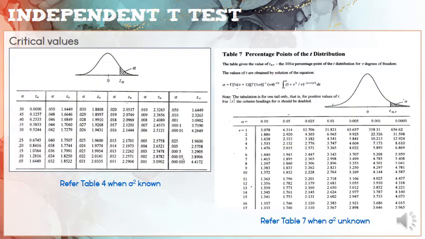You can find your critical values from your statistical table, but which table you should use depends whether the population variance is known or unknown.